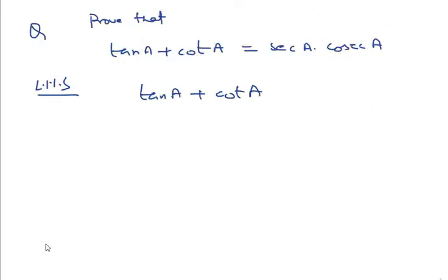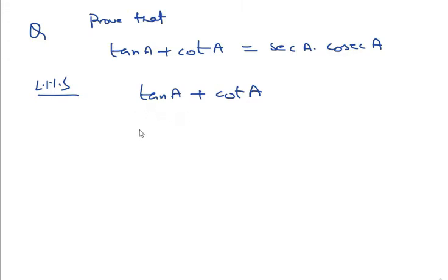So what to do? Whenever you have such a problem that you are not getting any identity or formula which is applicable, and the term is not in sin theta and cos theta, then in each and every proving question you will have to convert all these trigonometric ratios into sin and cos.